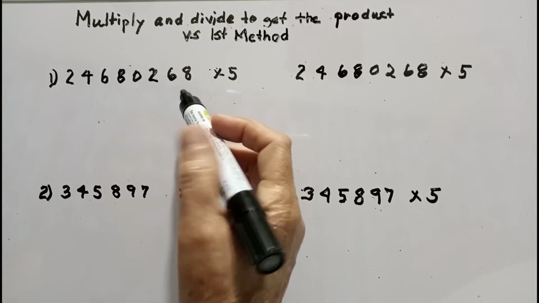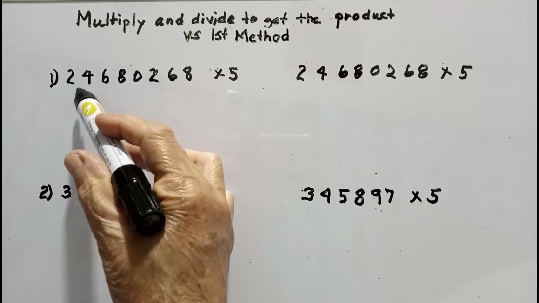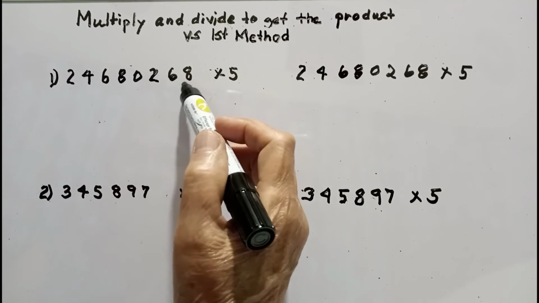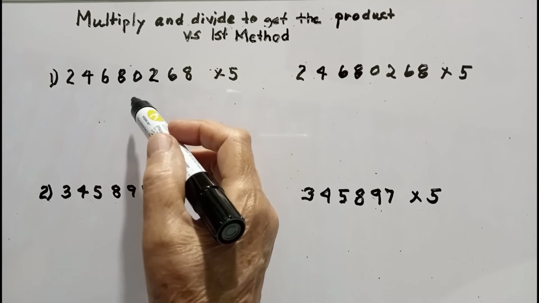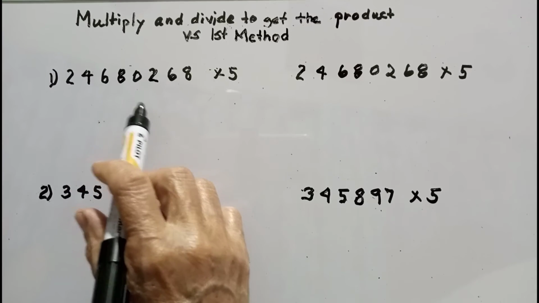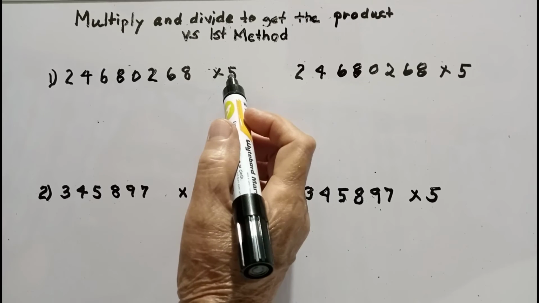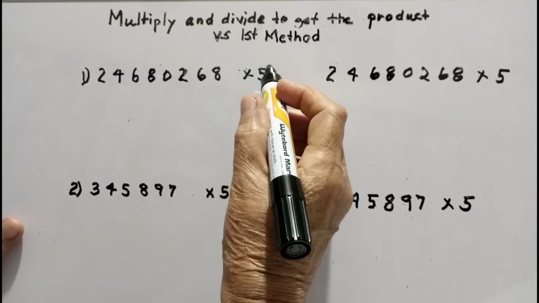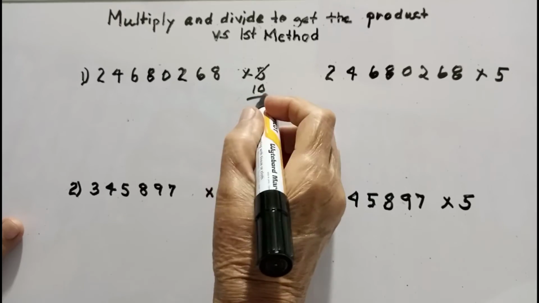Let's have number 1. Don't get scared that the multiplicand is composed of 8 digits. It's chicken, not turkey. As long as you know the procedure, there's nothing to worry about. Now take note that 5 can be written as 10 over 2.